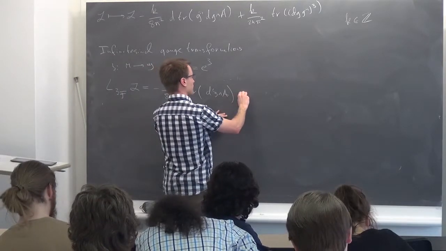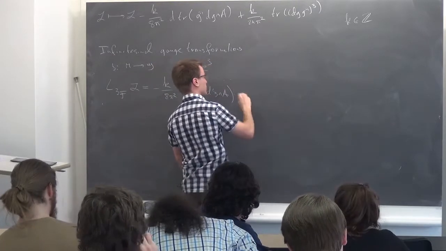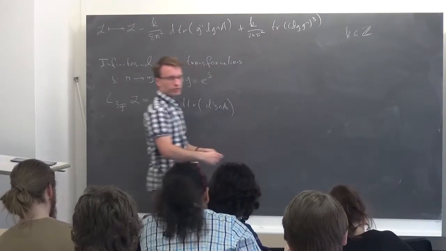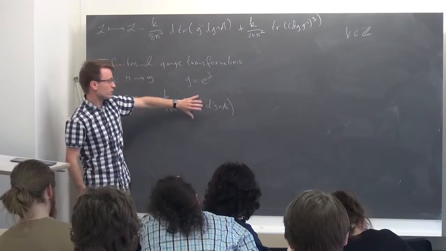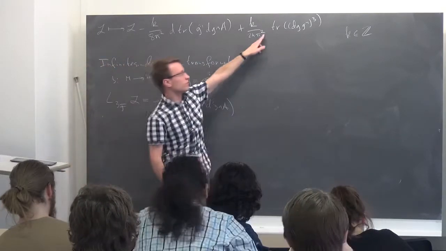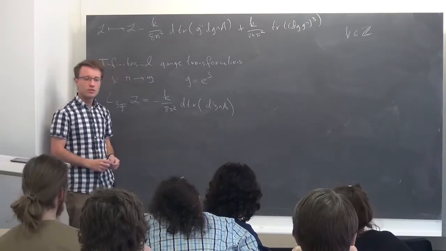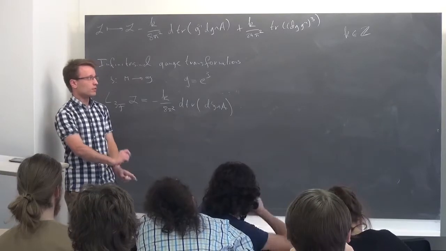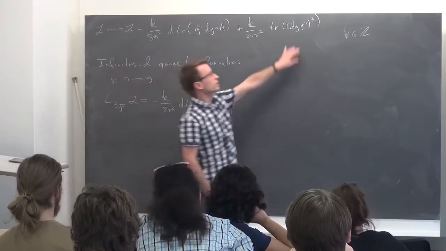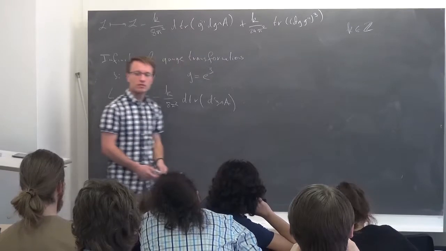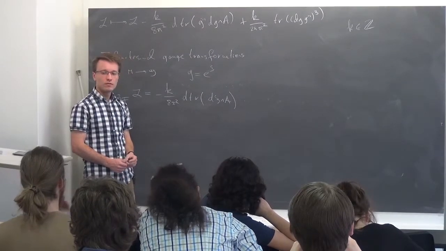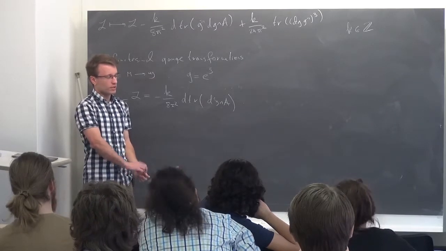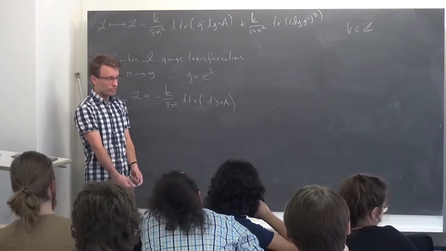And then what happens to the last term if you plug in g equals e to the xi and expand to first order? So far, I've just written the first term. What's the leading coefficient of such an expression in xi? Yeah, so it looks like the leading coefficient is trace of d xi cubed.